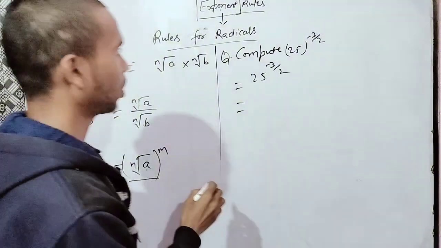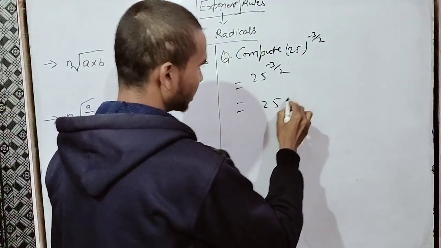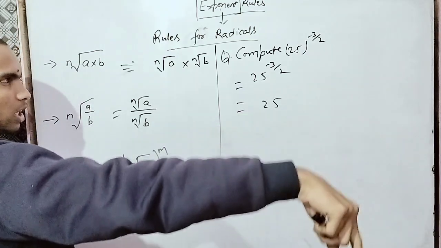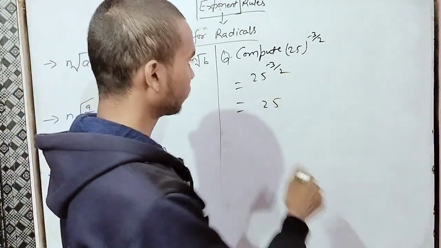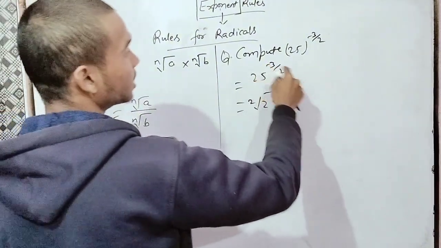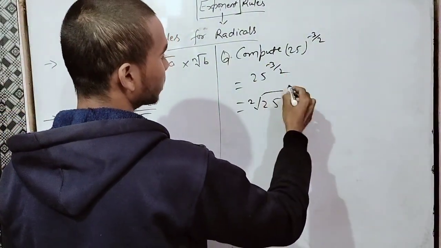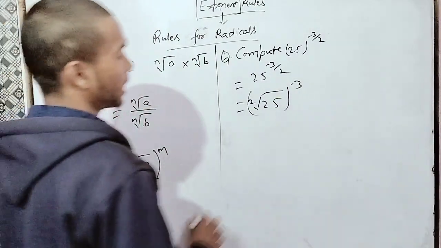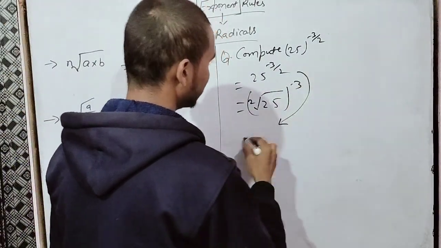So 25 as it is, and the exponent is what? Numerator by denominator. The denominator will be written here, and the numerator, minus 3, will be used as the exponent. Clear? And it can be written like that.